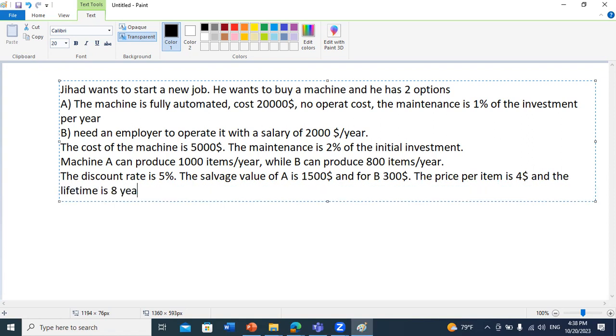Okay. So now we want to decide which option we should go with.